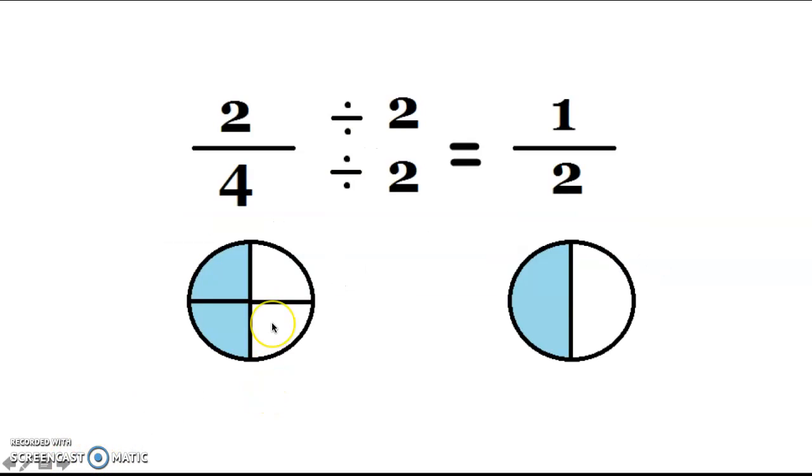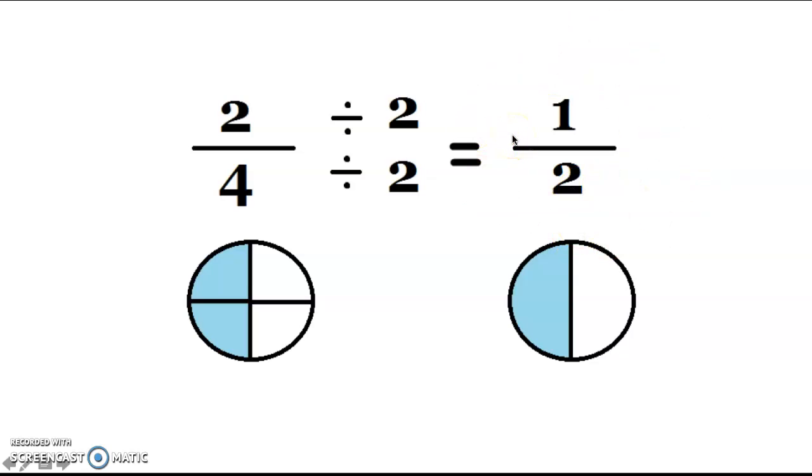Now, like I said before, I'm just going to keep dividing my numerator and my denominator by 2 until I can't anymore. So after we divided 4/8 by 2, top and bottom, we're left with our 2/4. We're going to do the same thing again until we can't anymore. 2 divided by 2, we get 1. 4 divided by 2, we get 2. Our fraction is 1/2.